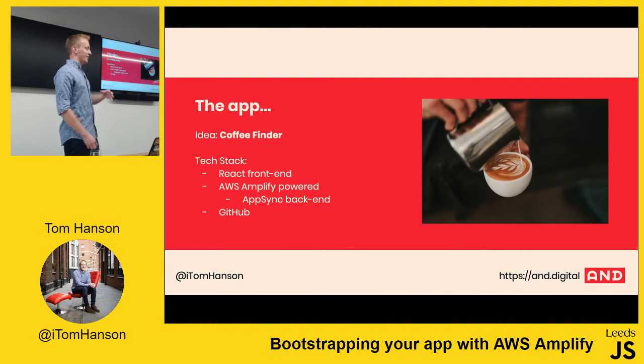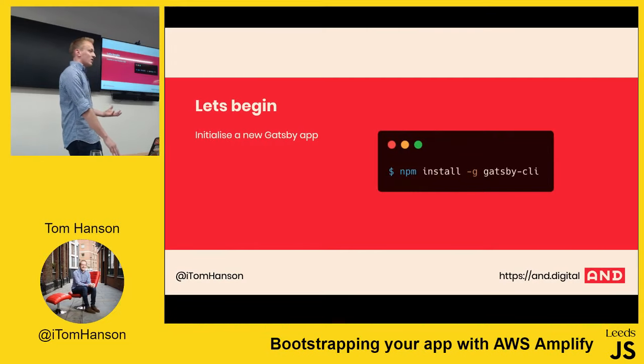So the idea is a coffee finder app. I've been doing this for the last 4 years, and as my bio said, I've constantly rewritten it. It's never been finished, and it never will be finished, but it's a good thing to do. So crucially, it has a React front end. It's powered by Amplify and Appsync, probably on GitHub somewhere. So if we wanted to actually do this, we'd say, right, okay, let's install the Gatsby CLI, because Gatsby is just so easy for us to get going with.